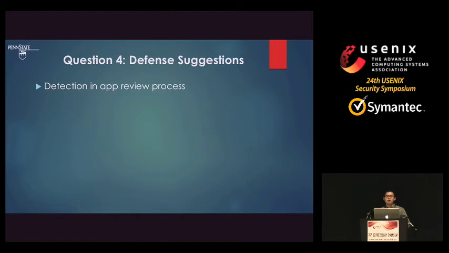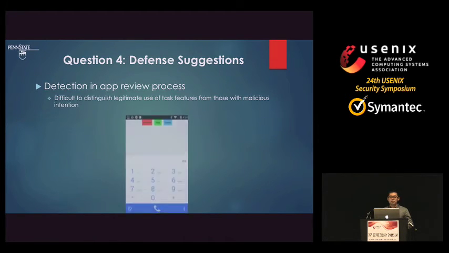First, we can be proactive and detect task hijacking in the app review process. However, specifying a guideline in the app review balancing security and features is non-trivial, partly because it is difficult to distinguish the legitimate use of task features from those with malicious intention. So here is an example of a phone call dialer application.